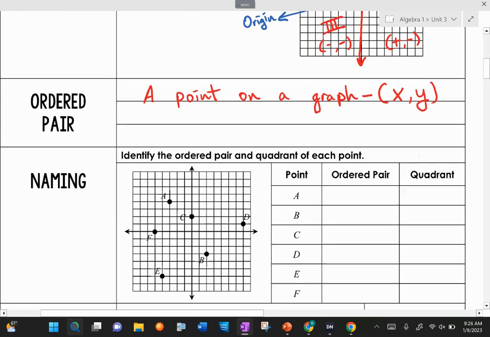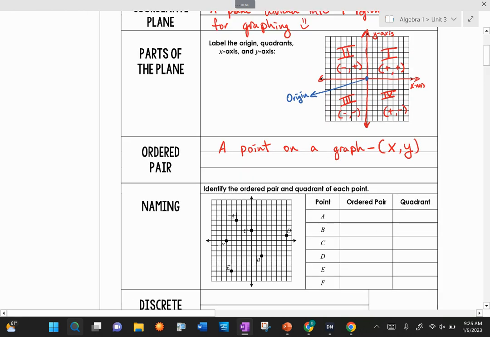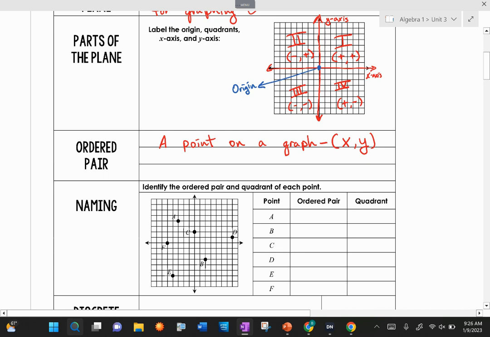All right, so let's practice some. So we've got naming all of these different points. So you're going to designate what their actual ordered pair is and then what quadrant they fall into, just so we can get used to reading the coordinate plane.